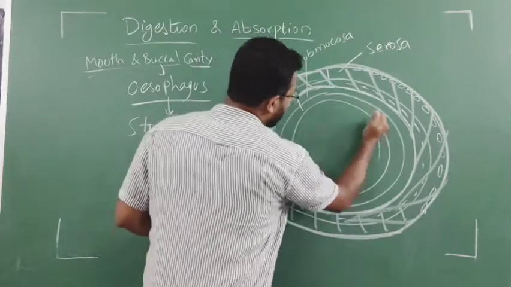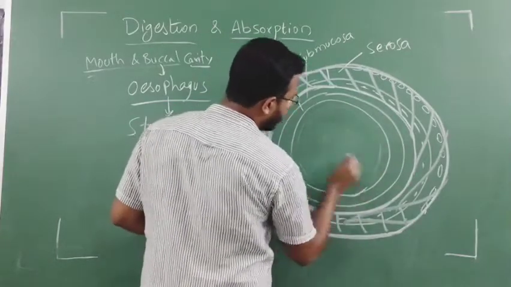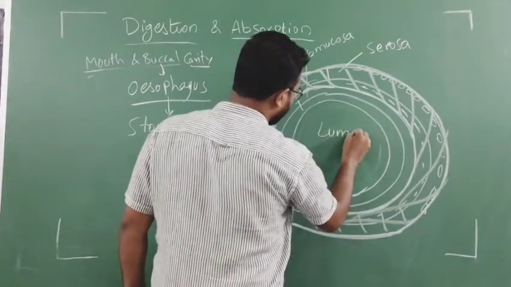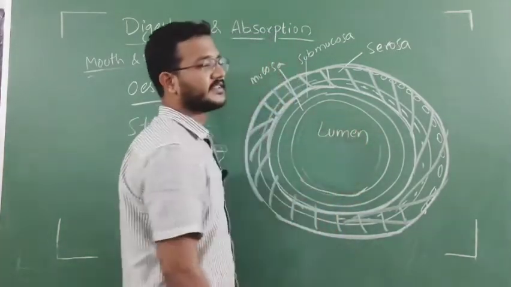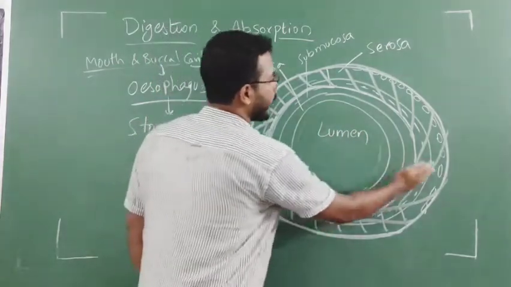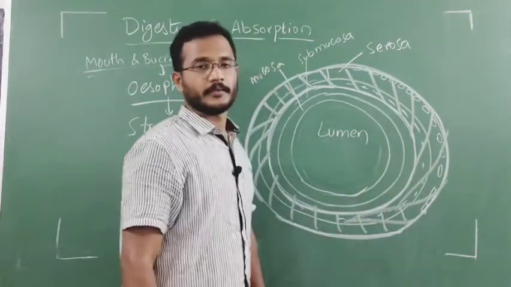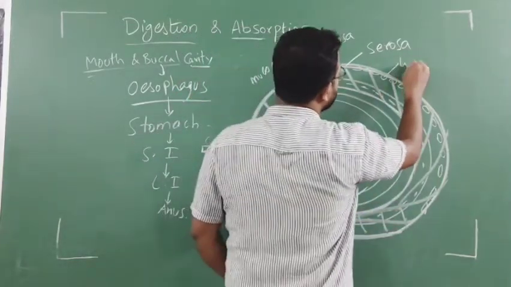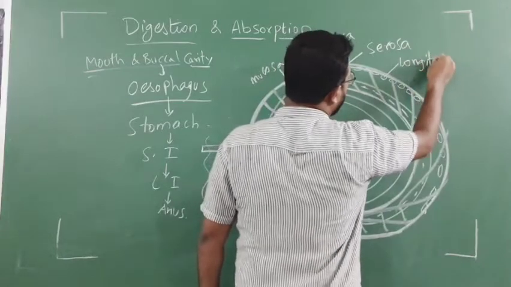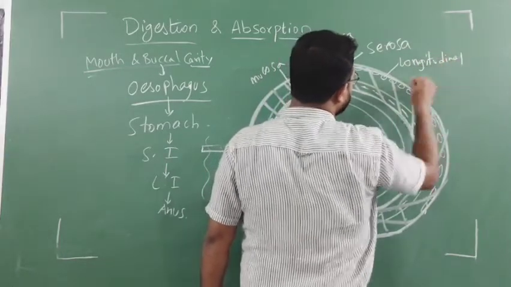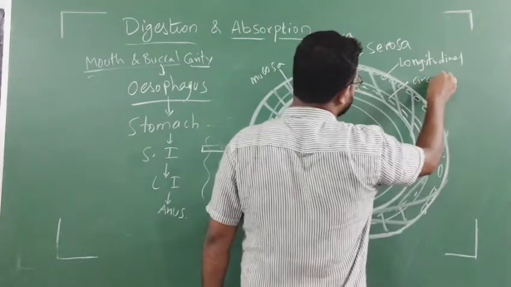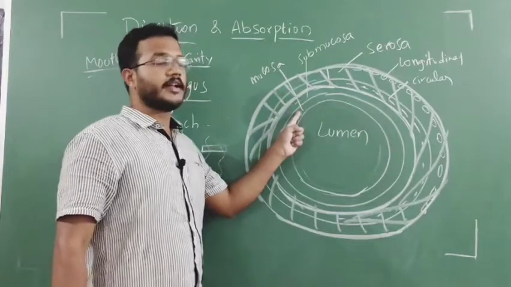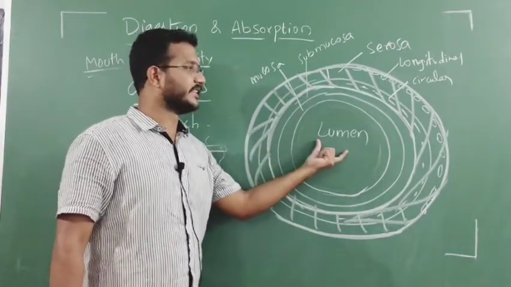And this whole pipe-like hollow is known as the lumen. So here the food is present, and the outer layers are the protective layers of the pipe. The outer serosa contains longitudinal muscles and circular muscles, the inner region is the submucosa, and again the inner region is the mucosa, and this is the lumen.